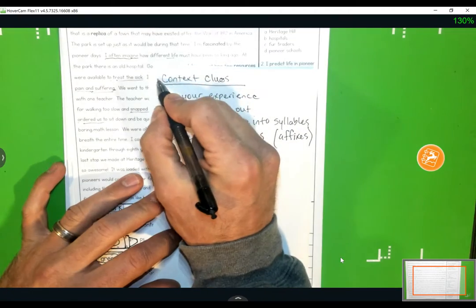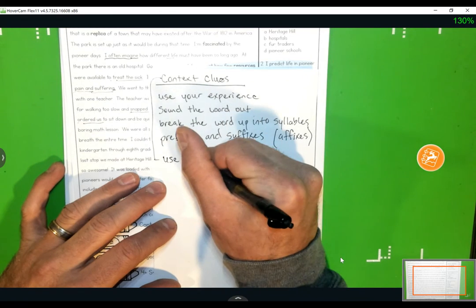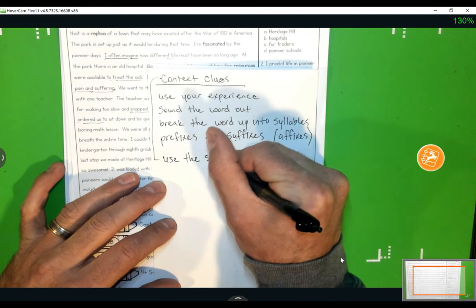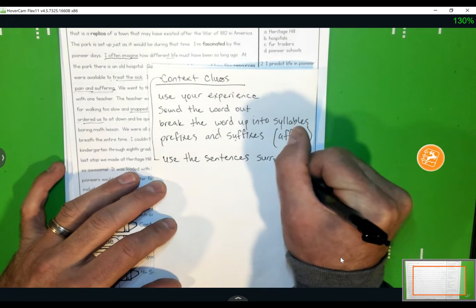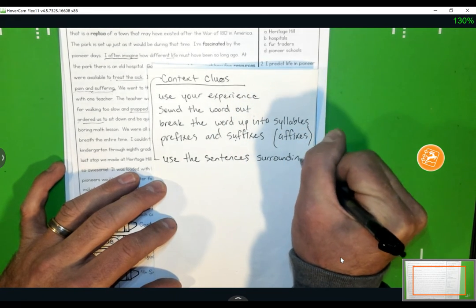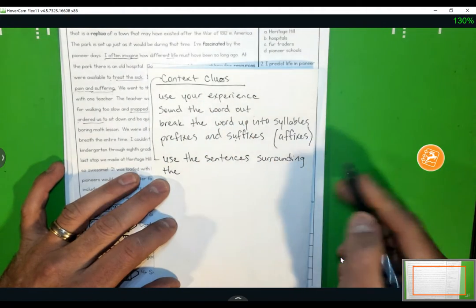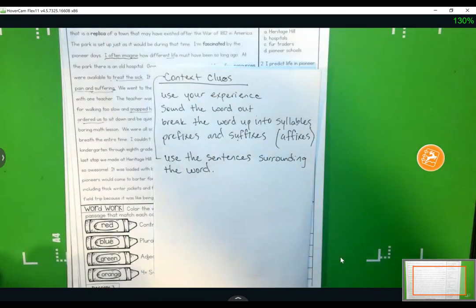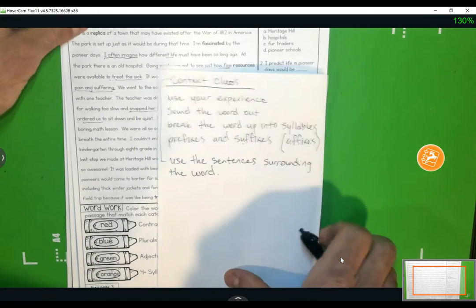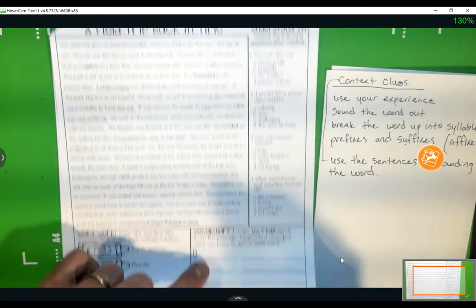And so when you're looking for context clues, you're going to use the sentences surrounding the word that you're trying to define for yourself. We have 5 words in our passage today. We have the word replica.